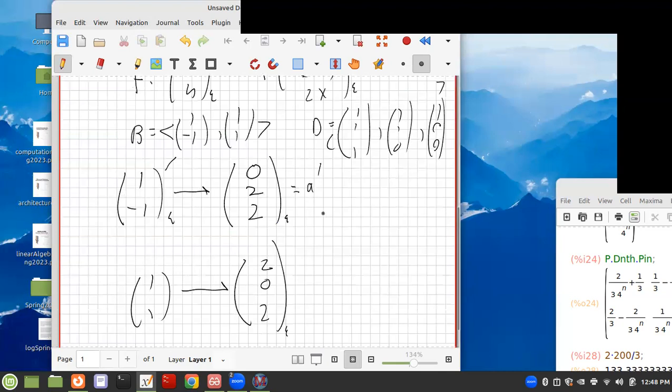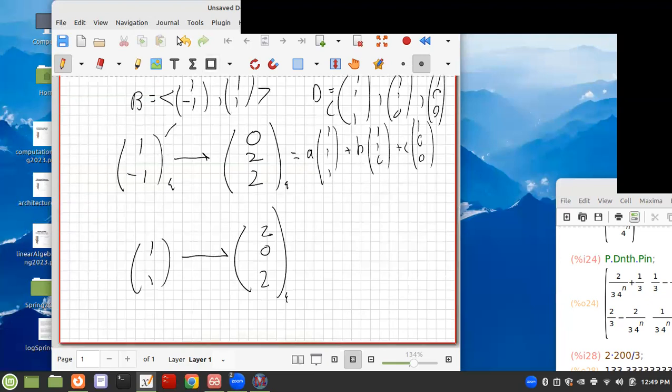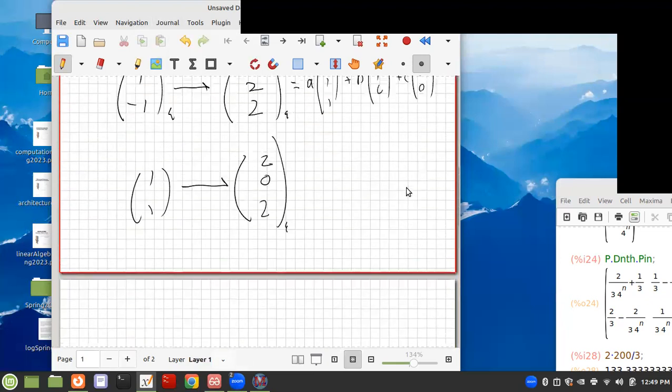I can do it as a naive way: a times 1, 1, 1 plus b times 1, 1, 0 plus c times 1, 0, 0. It's a change of basis kind of thing, in which we want to find a reference to the same matrix. Underneath is this other technology of identity matrices, but I think the best way to think of it is this naive way that we did it initially.